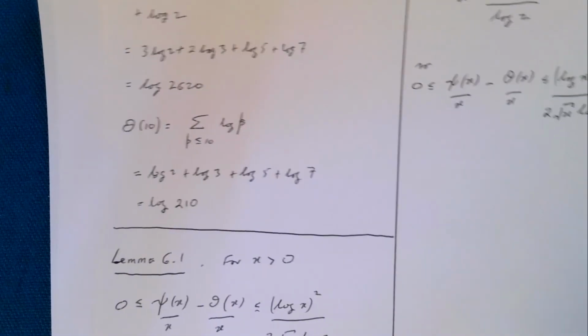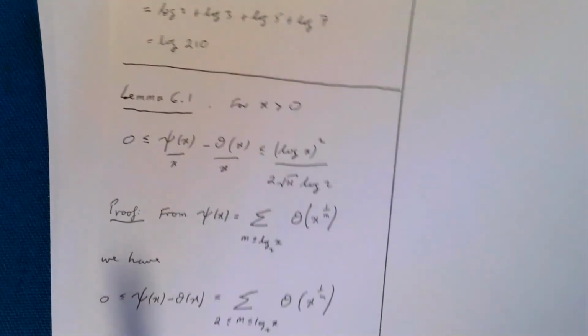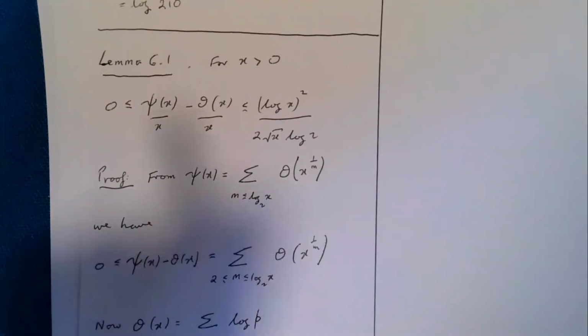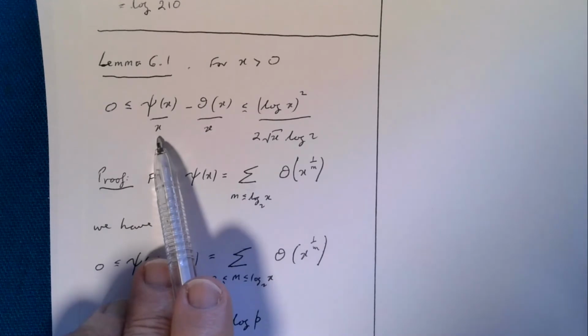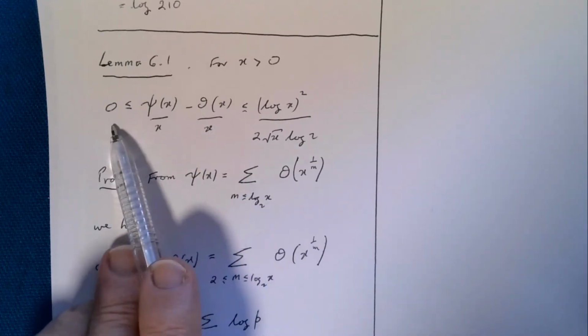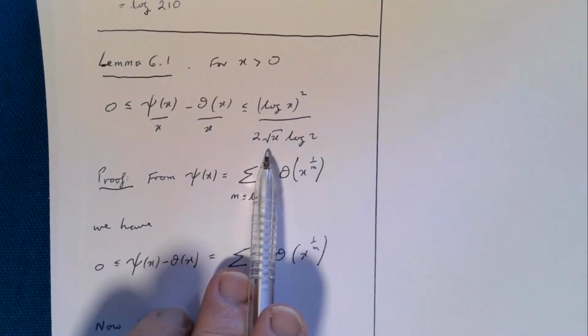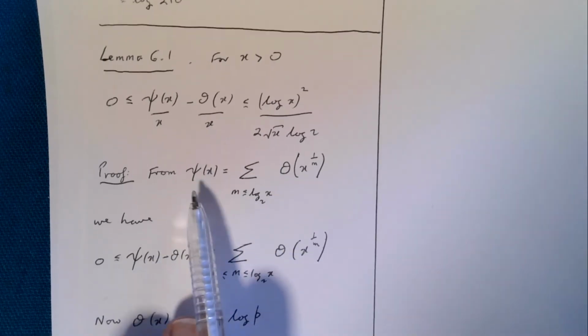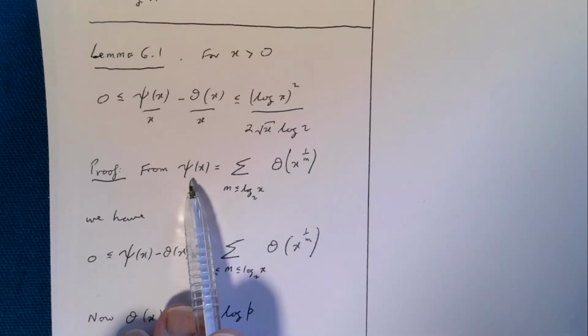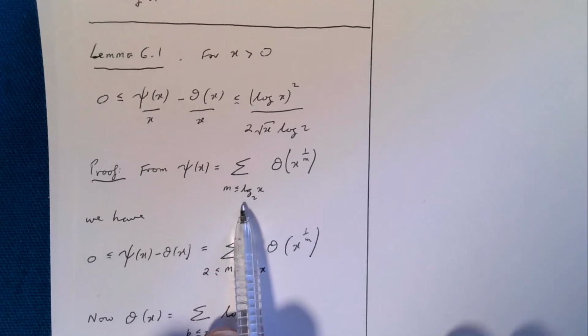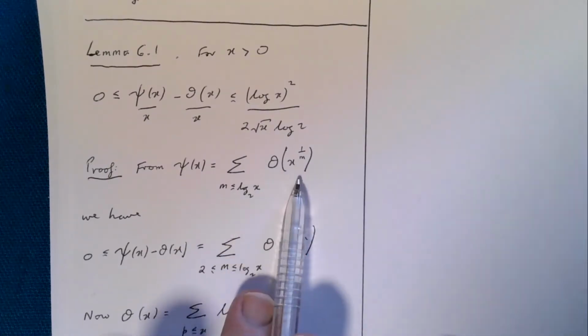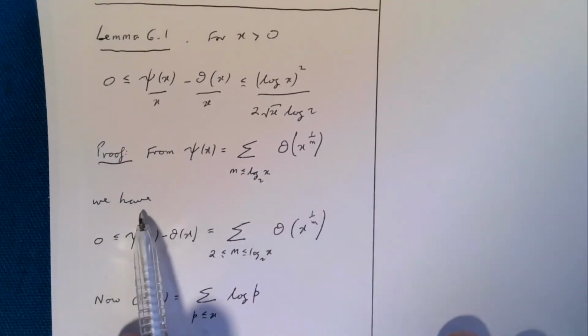Okay, so our lemma was that if x is positive, then we have this nice inequality that psi of x minus theta of x is non-negative, and it's bounded above by this expression here. And here's the proof. We start off with this version of psi of x, which we saw was equal to the sum m less or equal to log of x to the base 2, of theta of x to the 1 on m. Now of course I'm going to subtract these two.